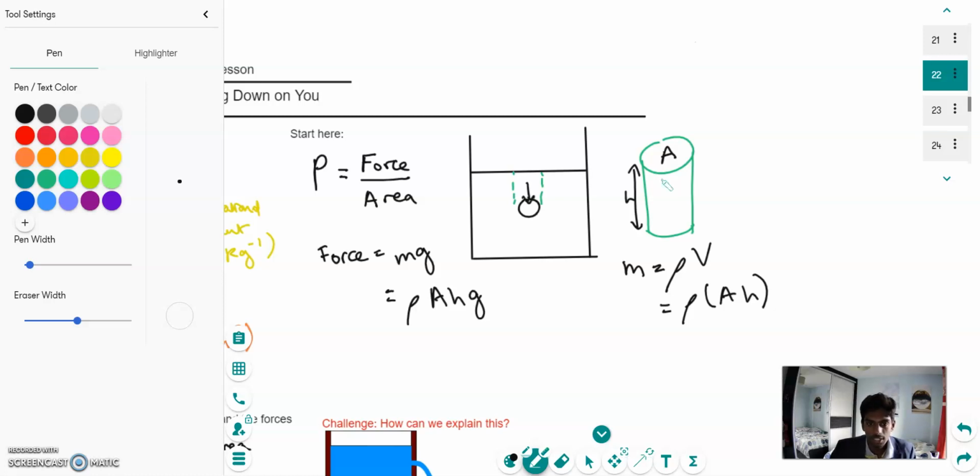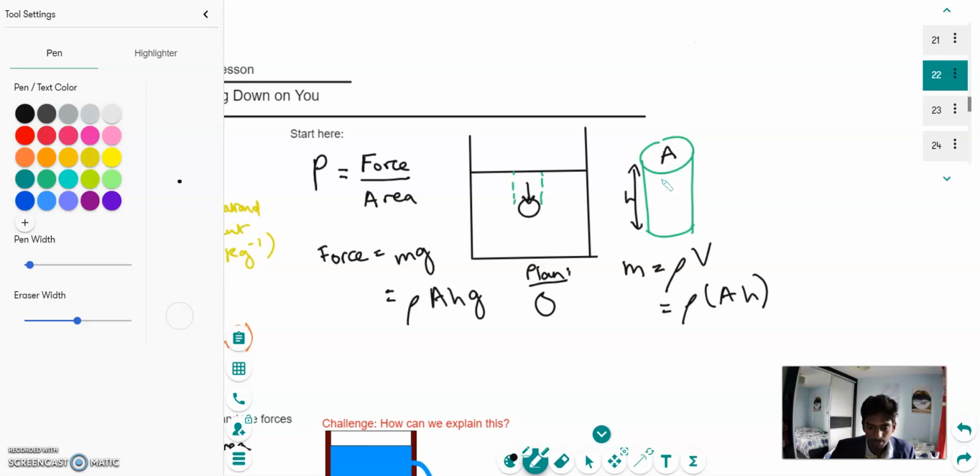Now we need to understand how to get this into pressure. Again, if we're looking at the ball from the top down, the plan view, we know that the cross-sectional area is the same as the cross-sectional area of the cylinder. So the area over which the weight acts is the same as the area of pressure.